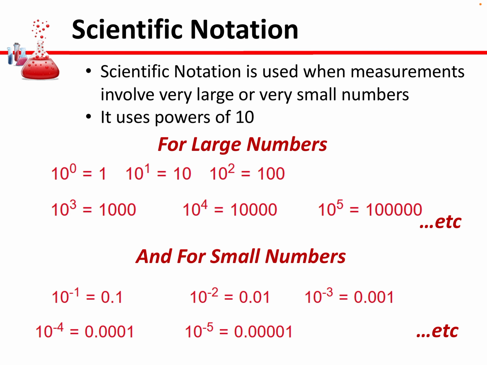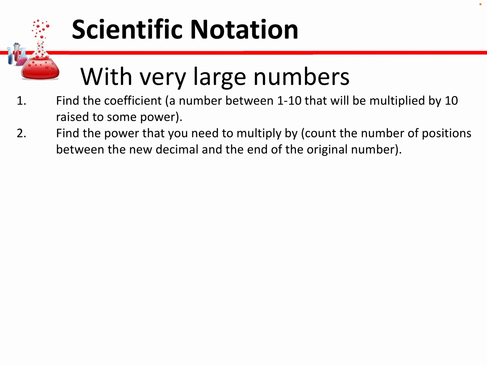So for small numbers, we're going the opposite way, or doing division essentially with our exponents. So 10 to the minus 1 is going to be 0.1. 10 to the minus 2, 0.01, 10 to the minus 3, 0.001, and each number we're going to move back one more decimal place. So this is the basis then for scientific notation.